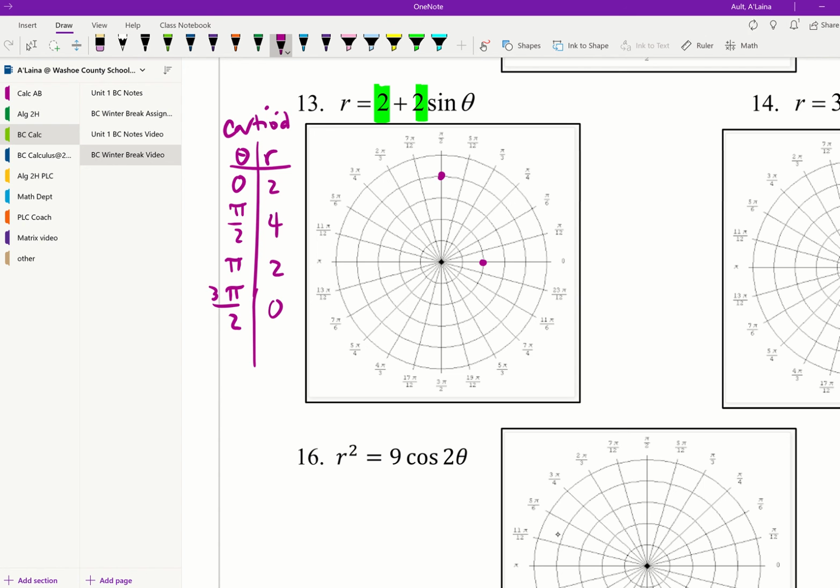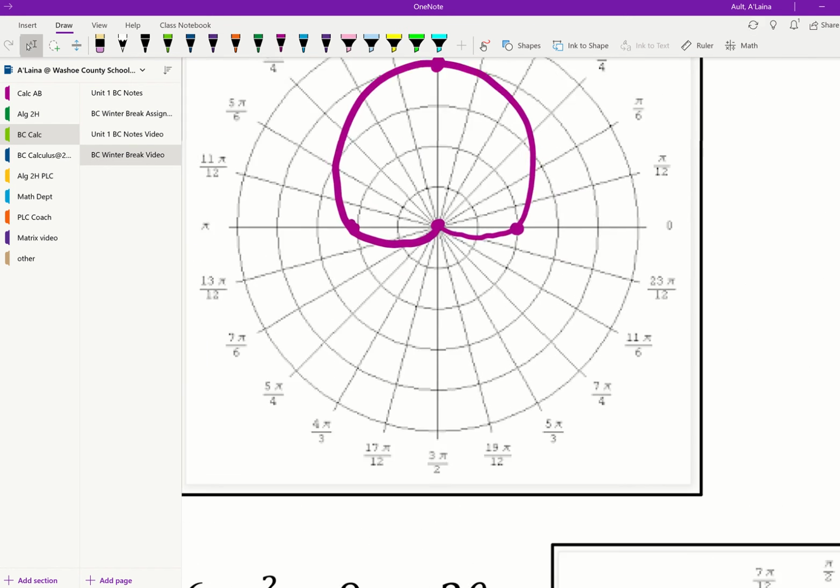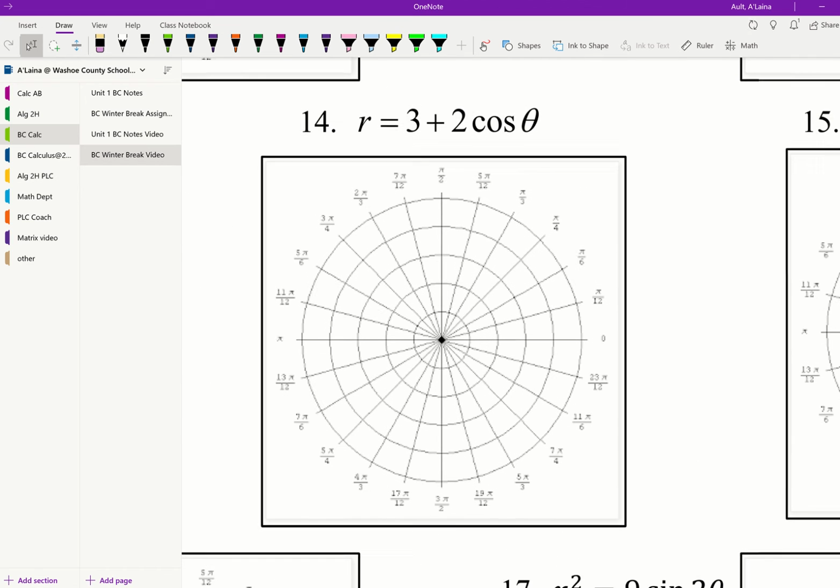Some things that sometimes students notice is that the diameter here of this cardioid is 2 plus 2, which is 4. Something like that. That wasn't so bad. You should look at that. That's maybe the best cardioid you're going to see from me all year.